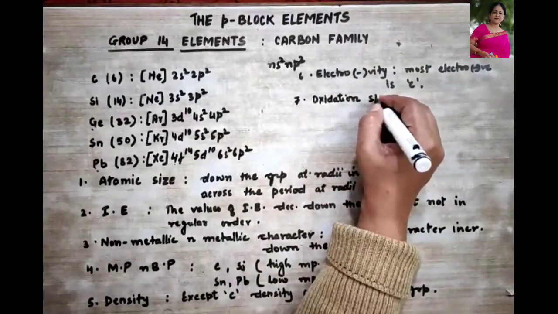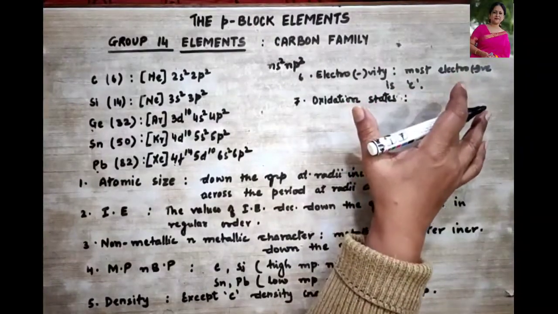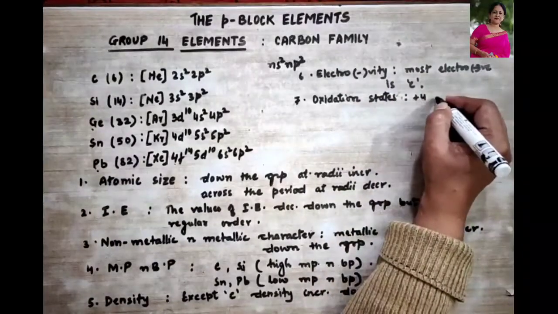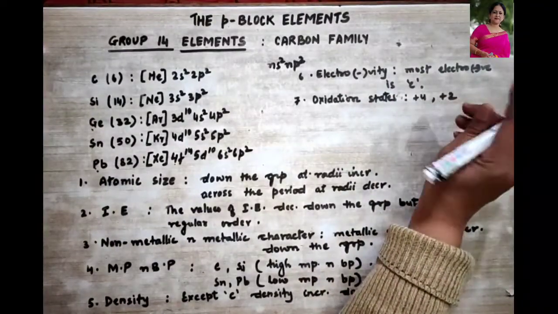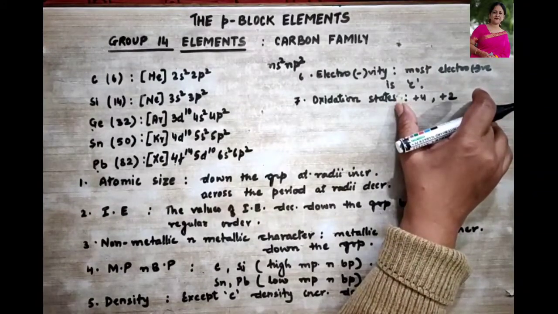Now going to talk about oxidation states. Okay. So this group 14, they show +4 and +2 oxidation states. These are the two oxidation states that we observe in this particular group, right?